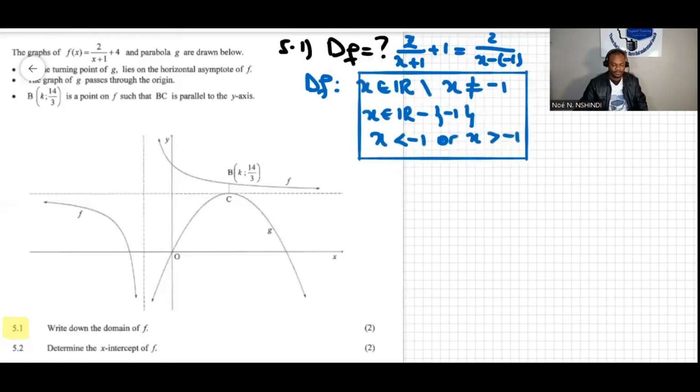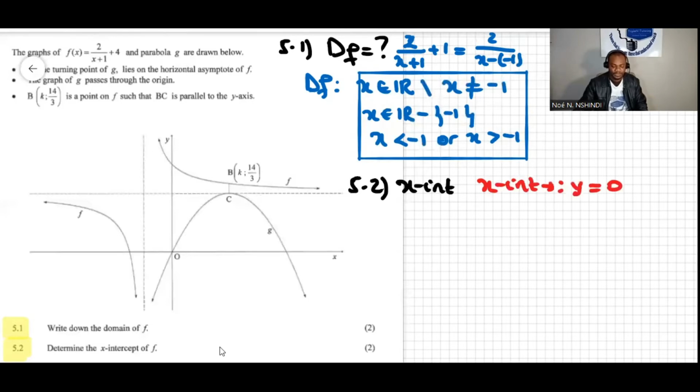Now, the following question is question 5.2. The question says, determine the x-intercept of f. So 5.2, right here. We're looking for the x-intercept. By definition, the x-intercept means we make y equal to 0.